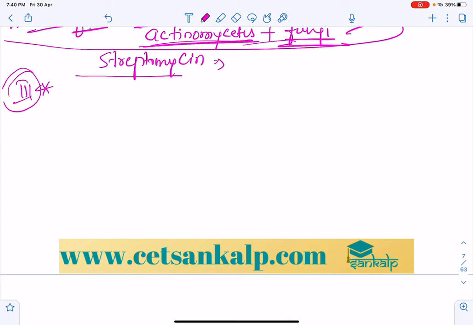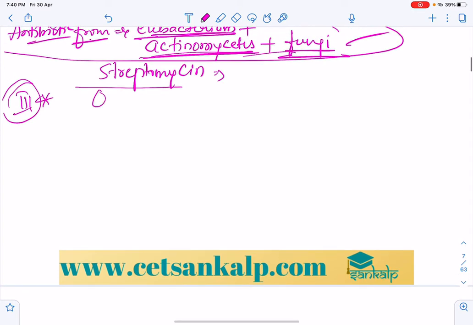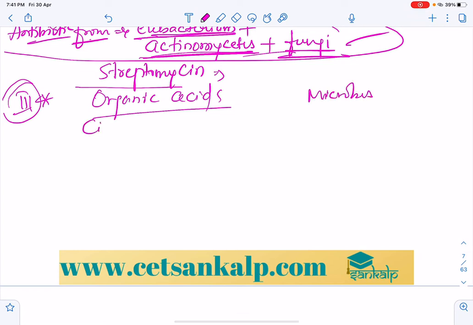The third part is microbes used to obtain organic acids. So here I will give one list. Organic acids like citric acid are obtained using Aspergillus niger.